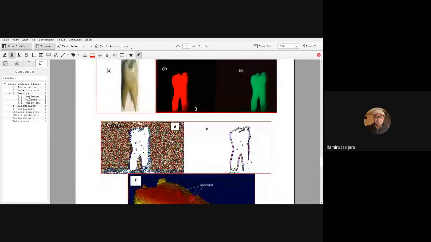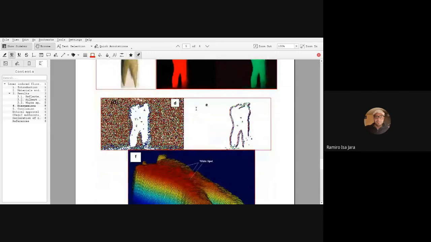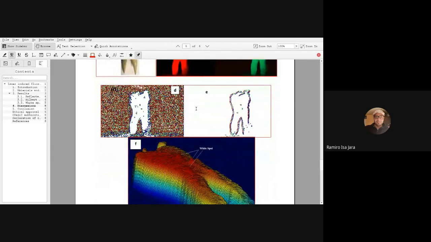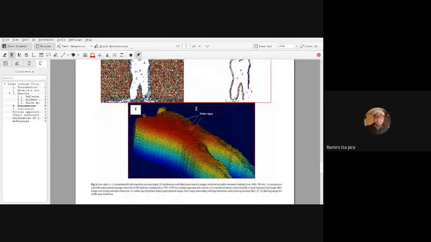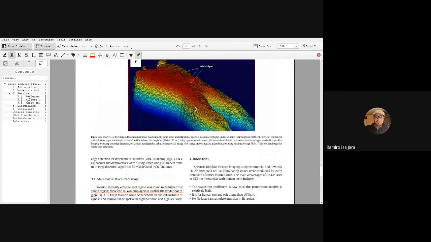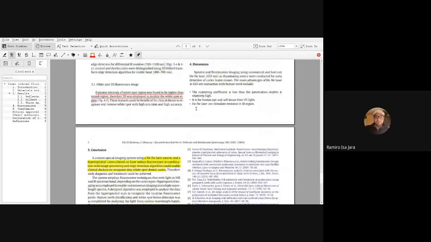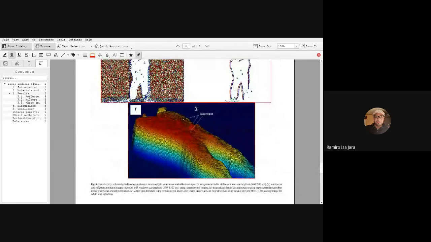This behavior is represented with a 3D image, which is three dimensional and represents the reflected signal from the surface. So finally, the principal objective is to detect the white spot in order to prevent future problems in dental.